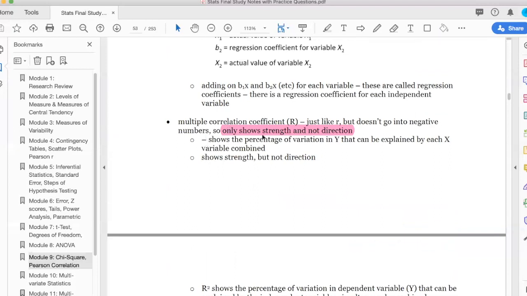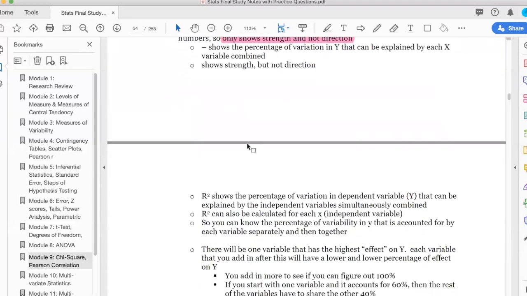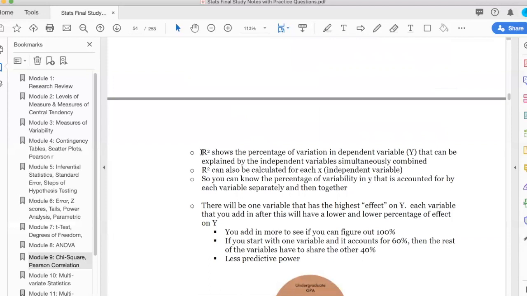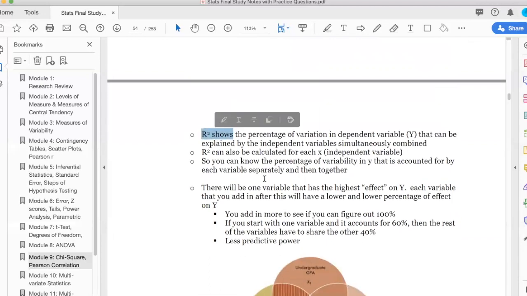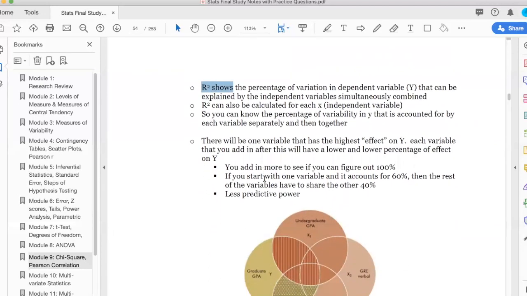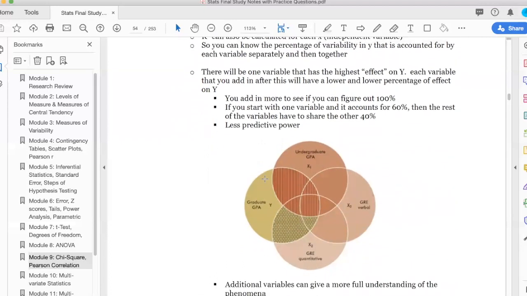This one gives you the percentage of the dependent that can be explained by the independents. Again, it's R squared. This kind of helped me to picture it like this. Before, when you were doing a Pearson, you only had two variables.